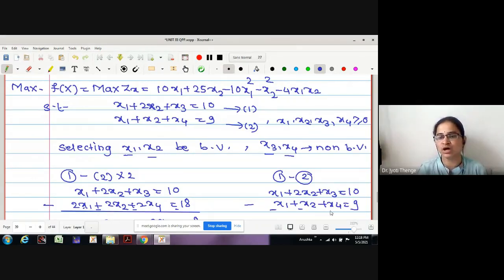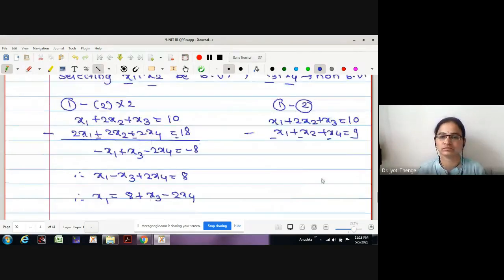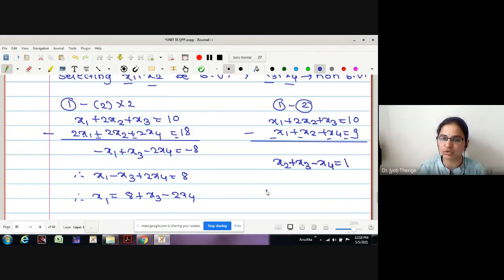We want to do the subtraction. What is the value we have obtained? x1 will get cancelled. We will get x2 plus x3 minus x4 is equal to 1. Therefore, I will get x2 as 1 minus x3 plus x4.